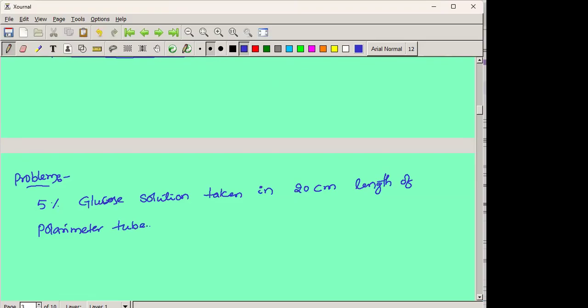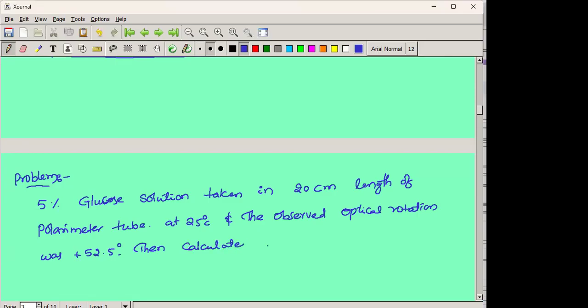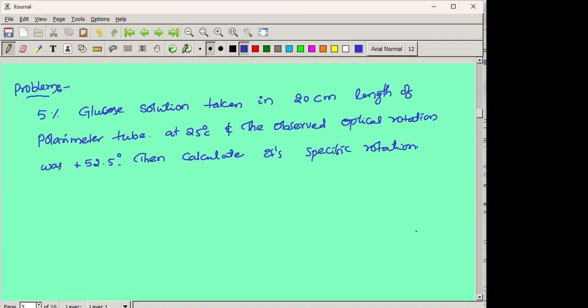At a temperature of 25 degrees centigrade, the observed optical rotation was plus 52.5 degrees. Calculate its specific rotation.